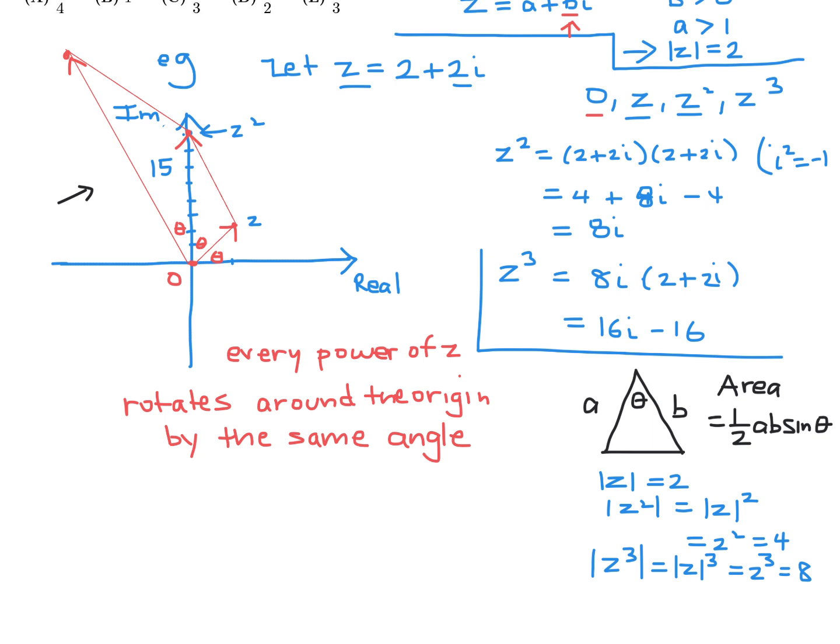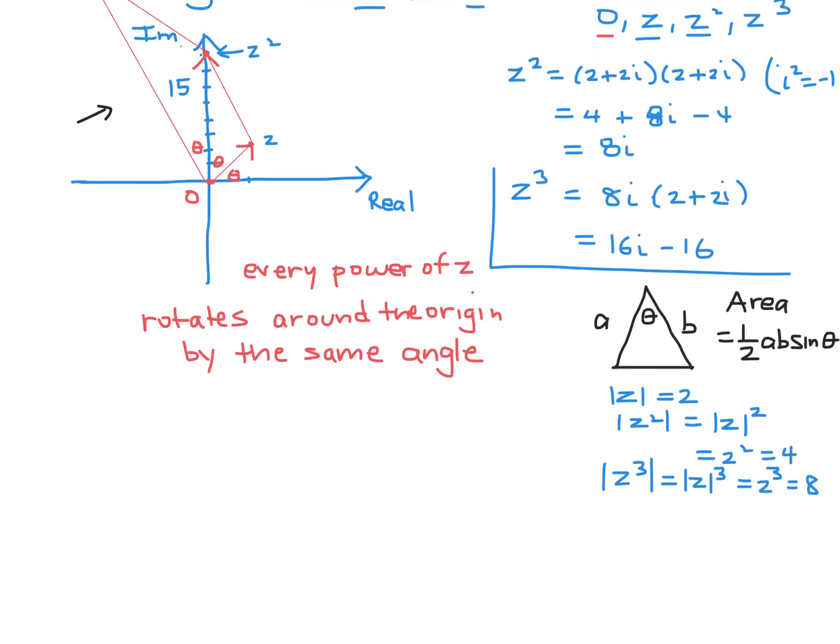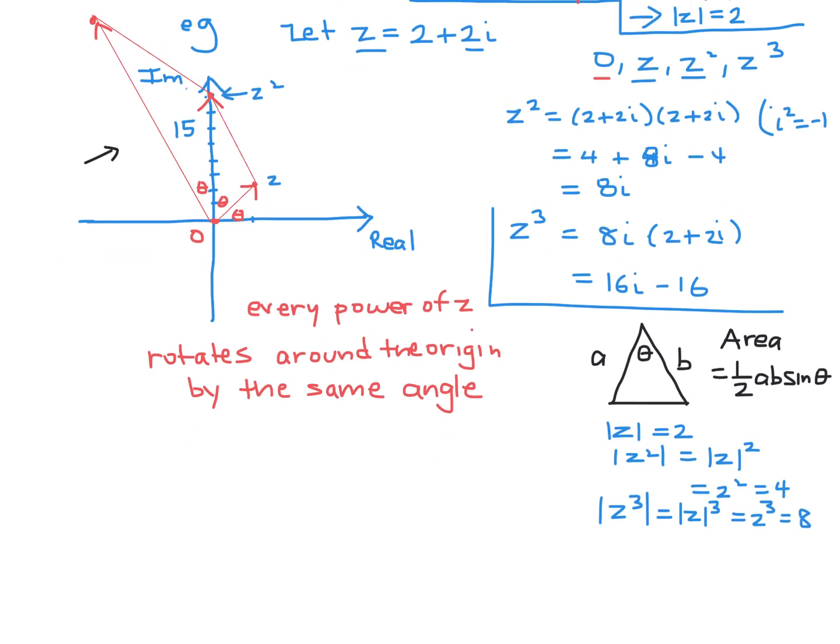Now, finally, we'll get to the area. Now, this up here is two triangles. If we use this imaginary axis as a divider, it will divide that quadrilateral into two triangles.